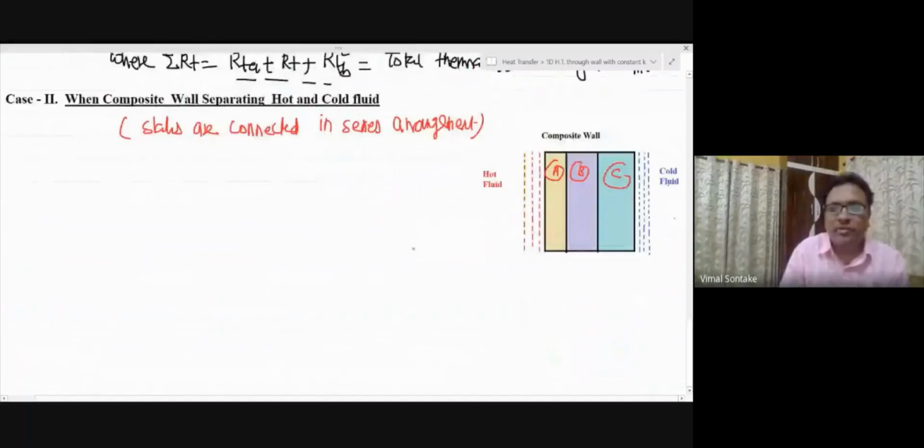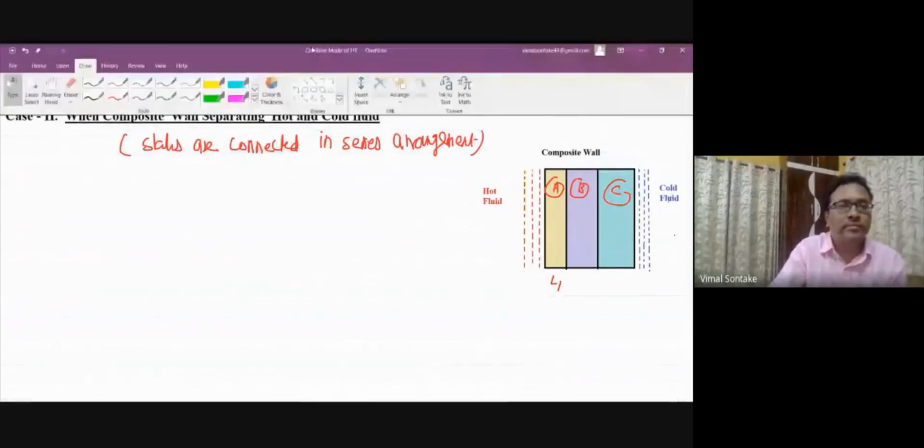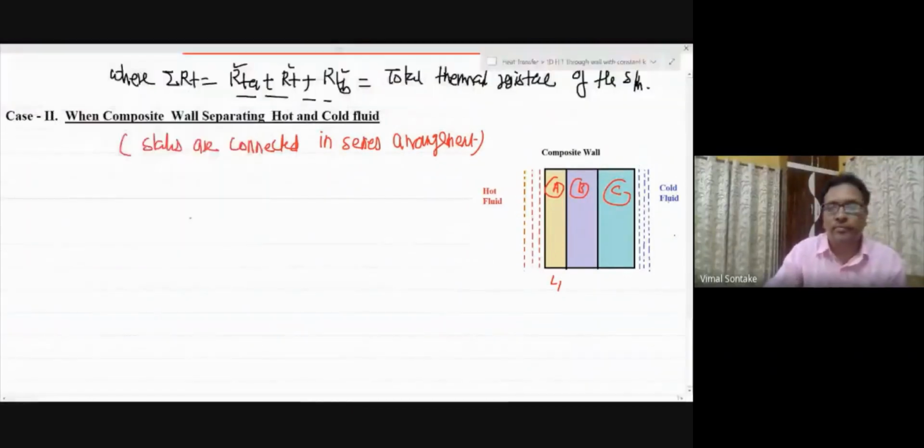So let's say the thickness of the first slab A is L1, the thickness of the slab B is L2, and the thickness of the slab C is L3. Let's say thermal conductivity is K1, K2, and K3 respectively.